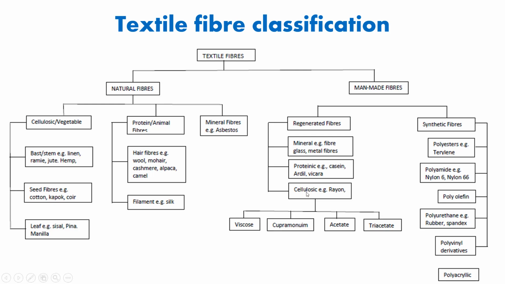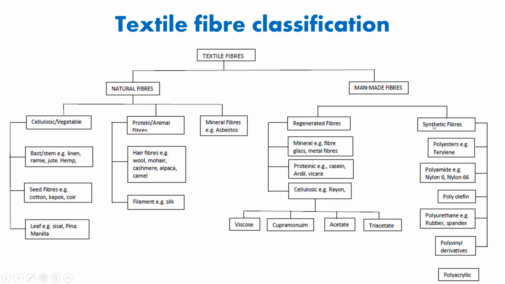Examples are, for the cellulosic one, rayon. And for rayon, we have different types. We have examples like viscose rayon, cuprammonium rayon, acetate, triacetate. They all come under cellulose, that's the plant fibers.